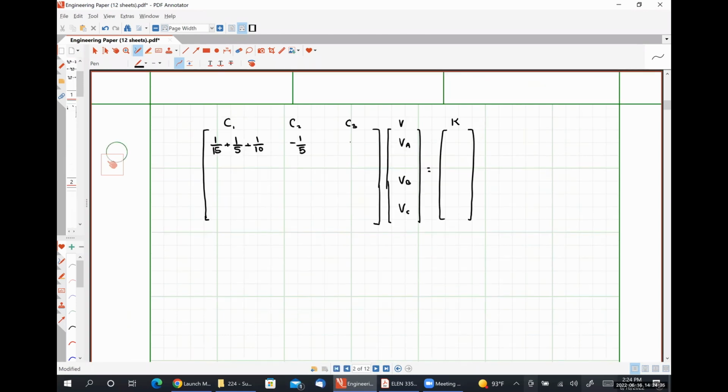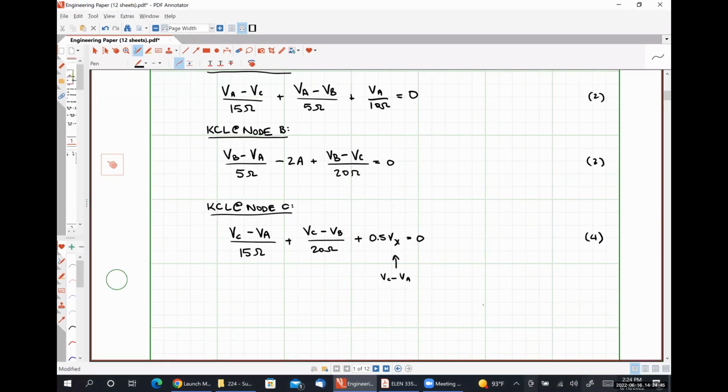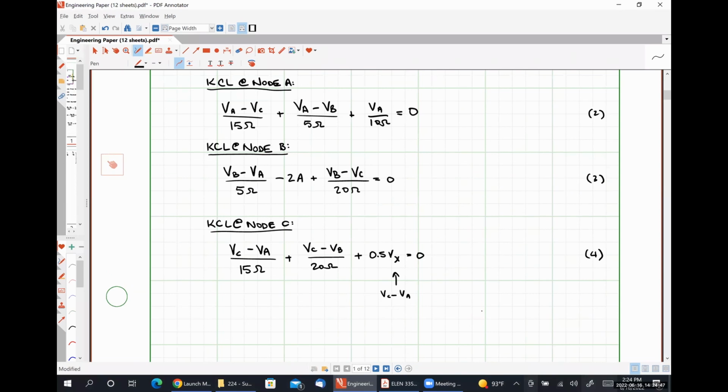So -1/15 will go here. And finally, I'm going to check to see if I have any constant terms. And I do not have any constant terms that needed to be moved to the right-hand side of my equal sign. So my constant term in my first expression is going to be 0.